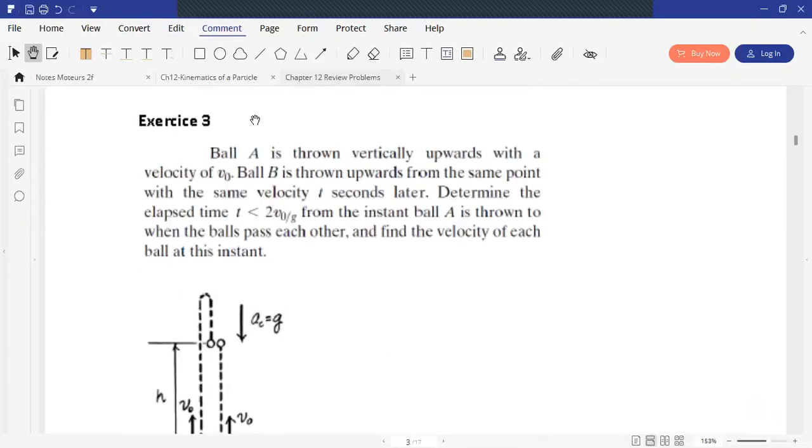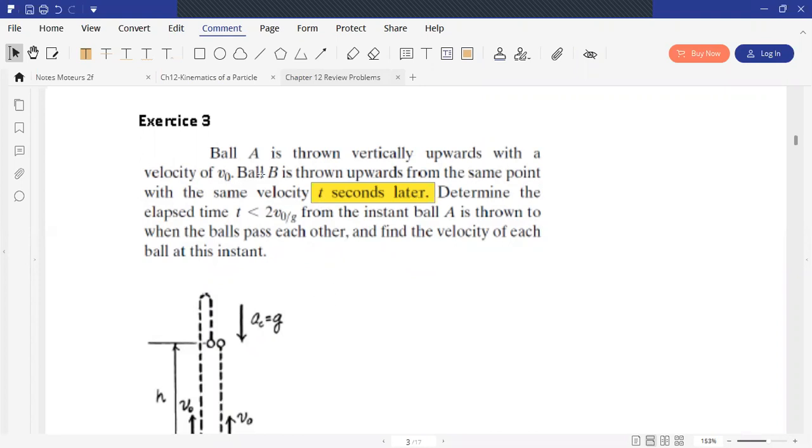In general, we take t as a variable, t is time, but here they considered that t is the elapsed time between the two balls. So t is delta t. And because they chose to name delta t, the time will be named another way. They will name time t prime. So t prime is the total time from the beginning, and t represents the elapsed time between launching A and launching B.